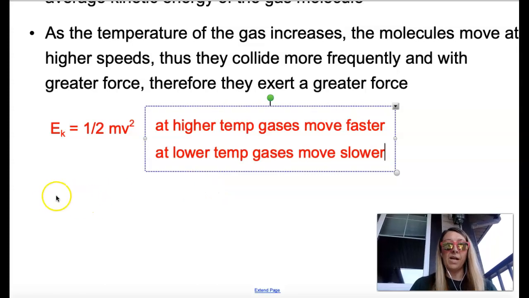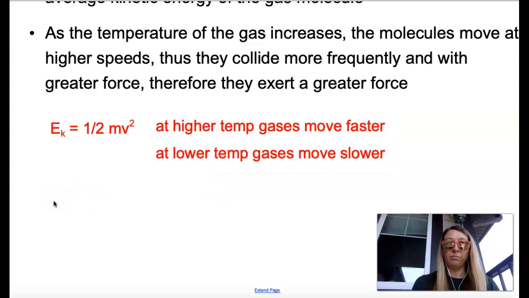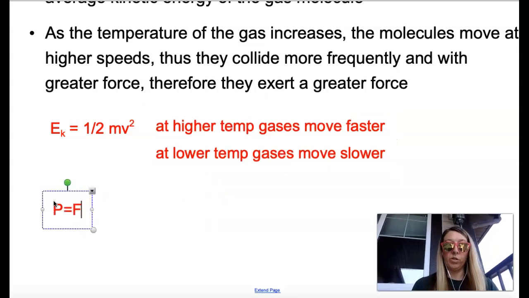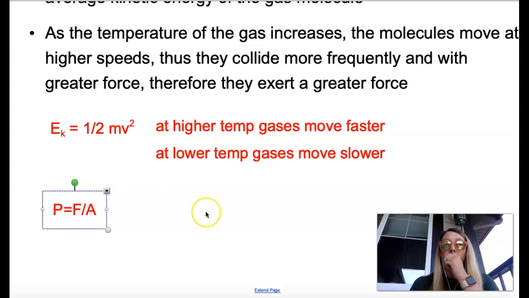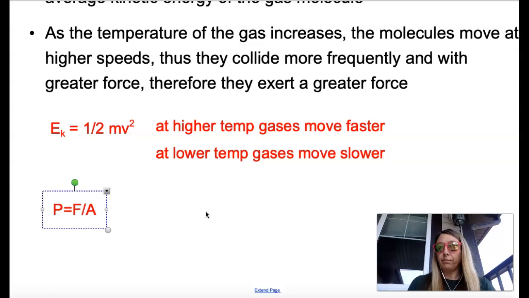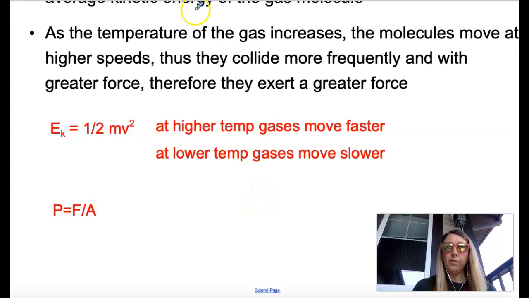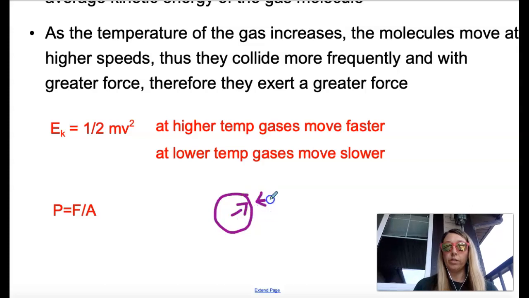So why does this matter? Well, remember we talked about pressure is equal to force over area. So although in temperature, I've changed the temperature, I haven't changed the pressure. But if we again think about our lovely little balloon as our container, we still have an internal force equaling an external force.